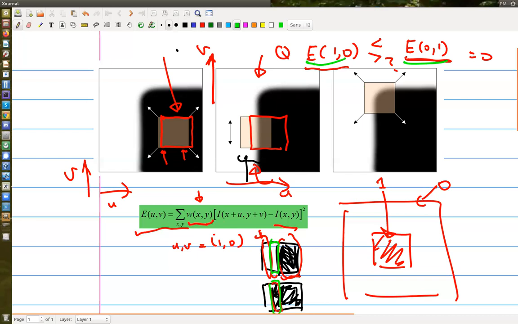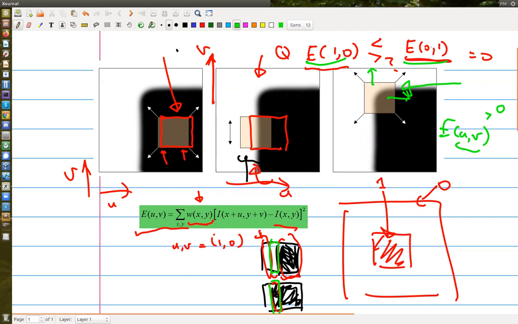And for the corner, I guess it's apparent. I don't need to ask another question for this one. No matter whether you move in this direction or this direction, for any UV you expect it will be bigger than zero.